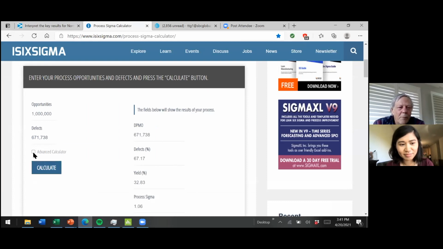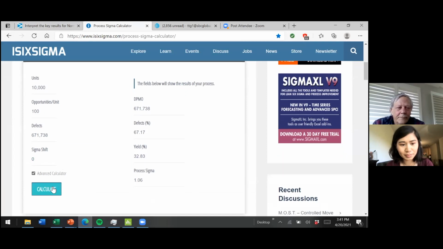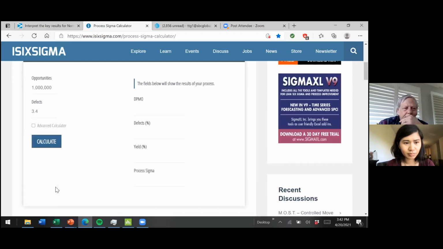Now, you remember with our advanced calculator, that's with a 1.5 gimme, right? The shift. What if we put 0 in there? Let's see, it's still... It's not recalculating. That's interesting.